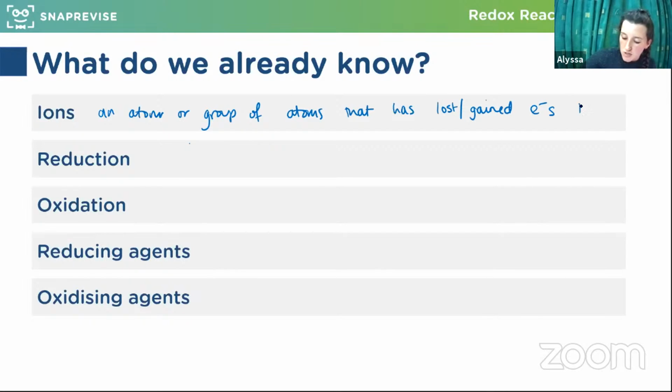Lost or gained electrons to become charged. And you're right, it can be either positive or negative. Please let me know if you can't read any of my handwriting, because I can read it out to you again, or I can try and rewrite it. Otherwise, it looks pretty good, guys. Yep. Lovely. A particle that has an uneven number of protons and electrons. Yep, that would work as well.